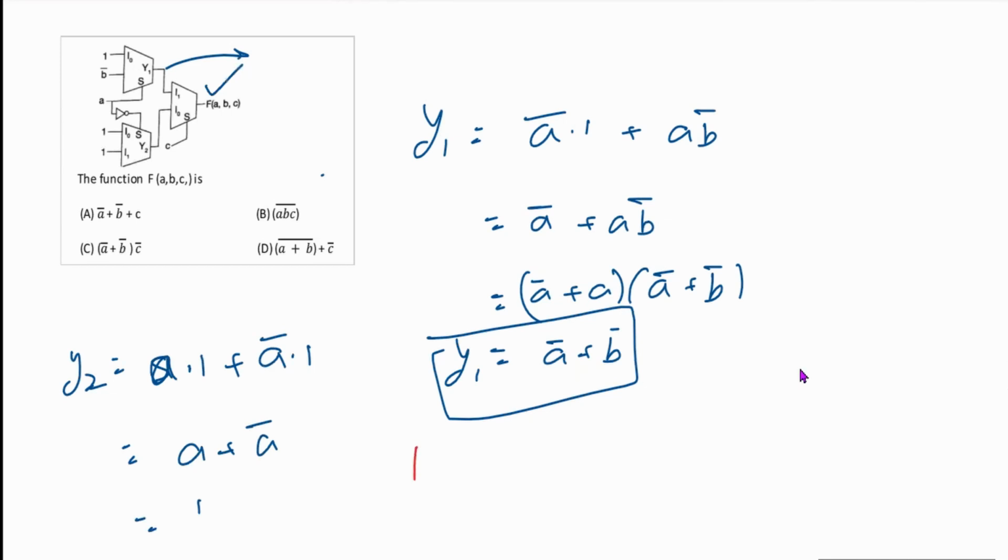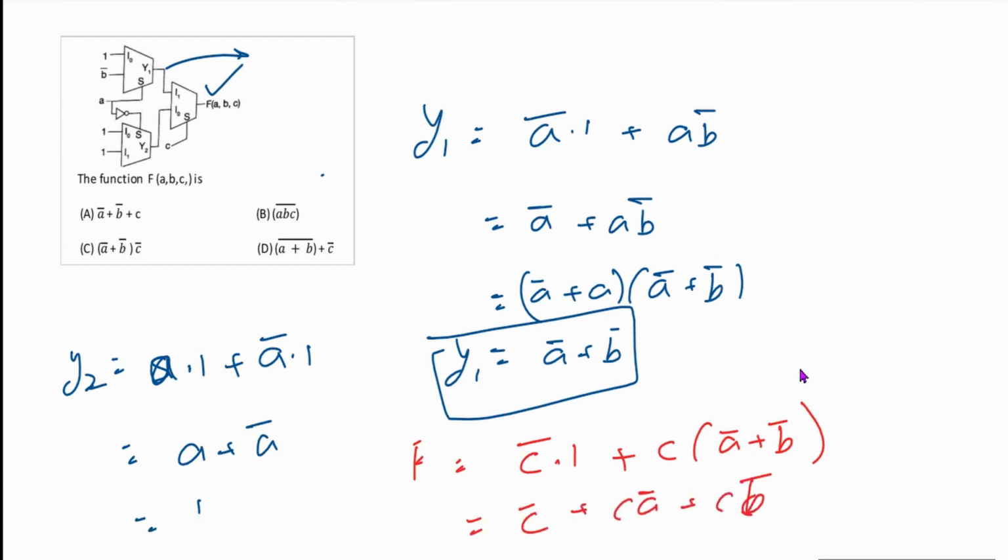So this f is nothing but c bar, and this is my I0 in this case, so c bar into 1 plus c into (a bar plus b bar), because that is my I1. So if I calculate, this is c bar plus c into a bar plus c into b bar.